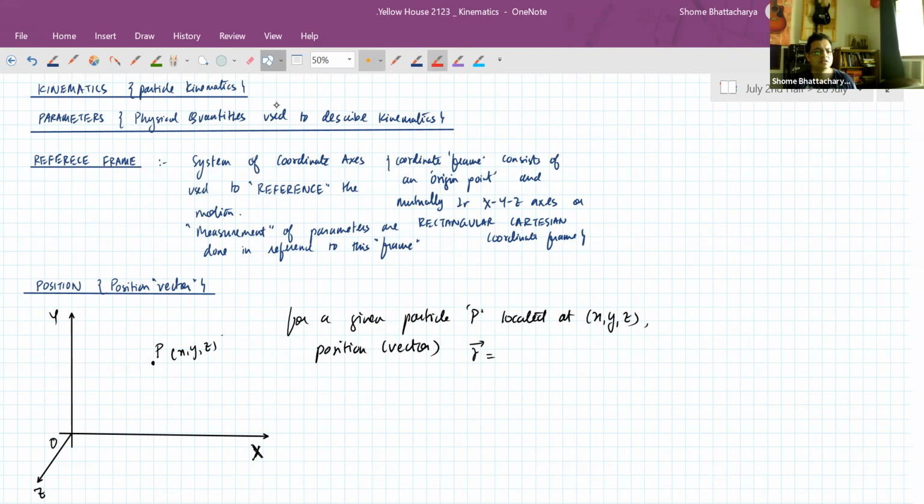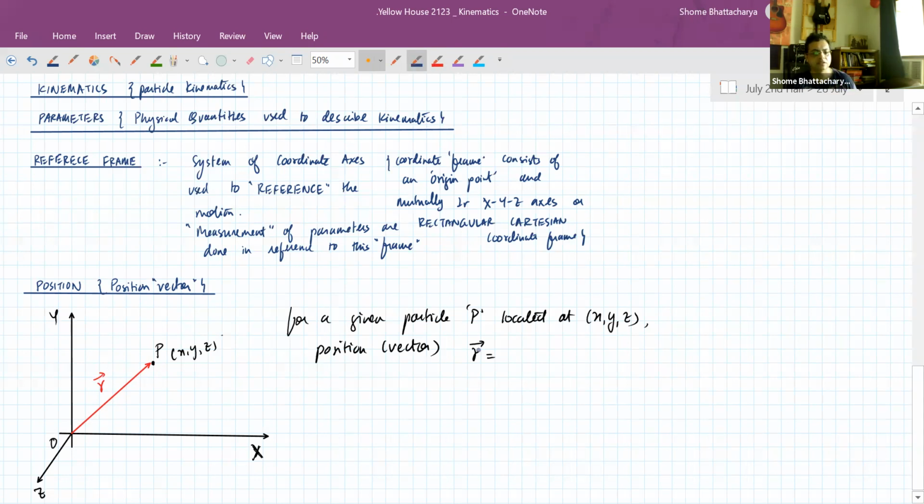That r is nothing but the vector originating from O and terminating at the point P. So it is not a free vector like other vectors we have studied till now. Okay, it's a fixed vector. We cannot move it around. It starts from the origin and its arrowhead points exactly to the point where the particle is located.